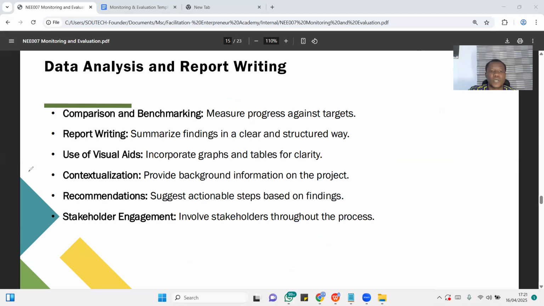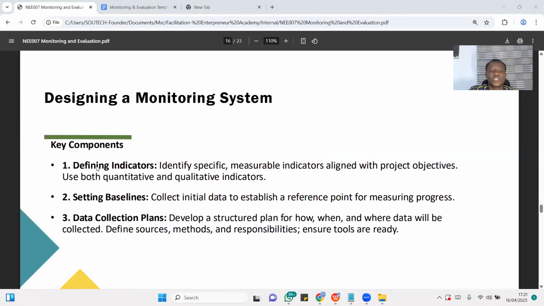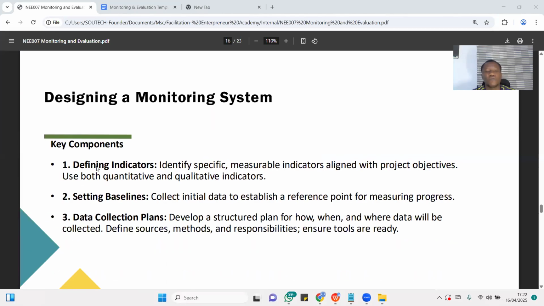Okay, let's look at the next thing, which is designing a monitoring system. For you to design a monitoring system, I've done some templates for you guys. I'm going to drop them so that you can understand some of these concepts better, and some templates that might help you actually do monitoring and evaluation, because you need to design your own system based on your specific measurable indicators.